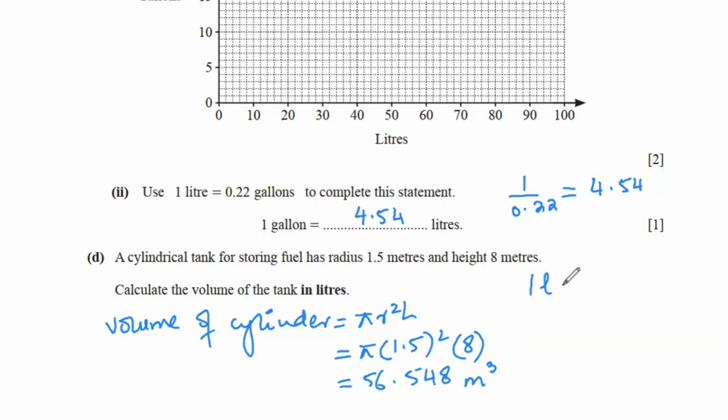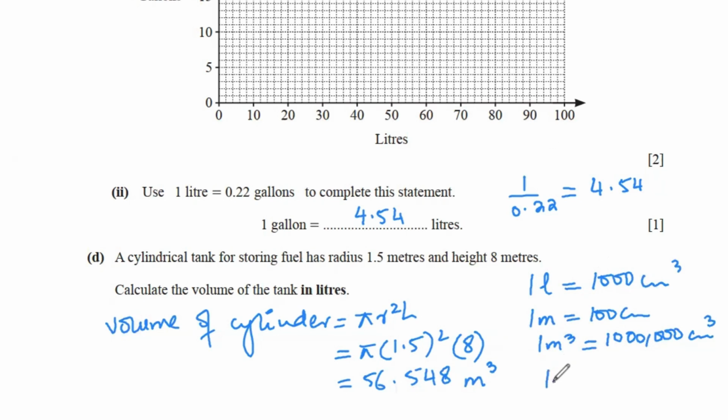Now we know 1 liter is equal to 1000 centimeter cube. And 1 meter is equal to 100 centimeters. So 1 meter cube would equal 1,000,000 centimeter cube.